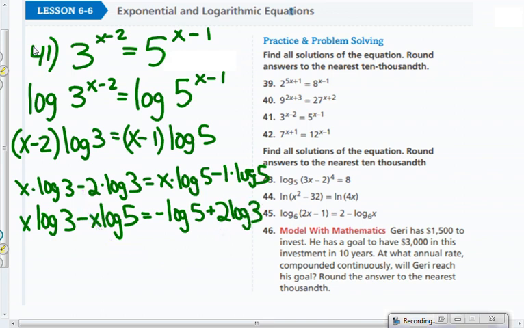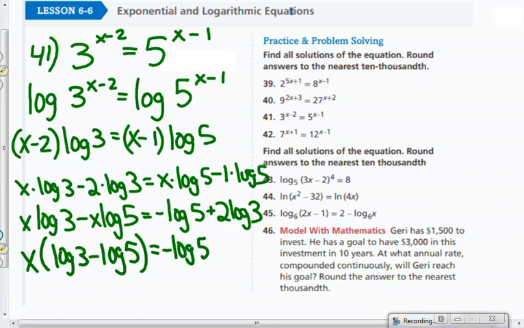The reason that I wanted to do that, and we had a warm-up the other day where we practiced factoring. Do these two terms now have a common factor? Yes. So you bring the x out in front of log 3 minus log 5. And that equals all this business. Negative log 5 plus 2 log 3.